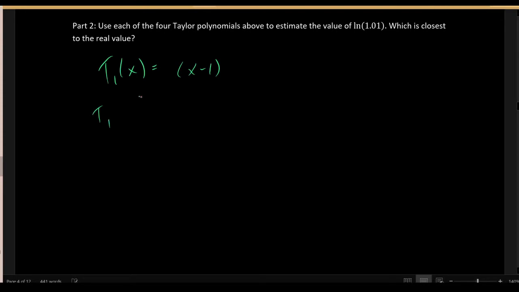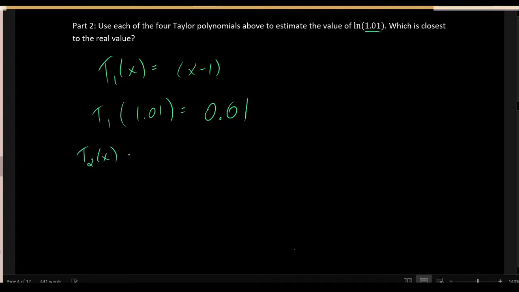So t sub 1, if I plug in the input of 1.01, then that output is simply equal to 1.01 take away 1, so 0.01. That would be the estimate for the value of natural log of 1.01 using the linear approximation using the first degree Taylor polynomial.